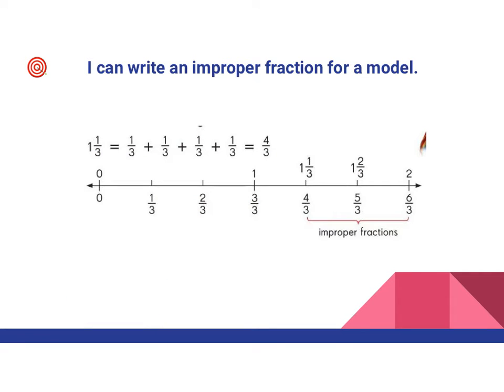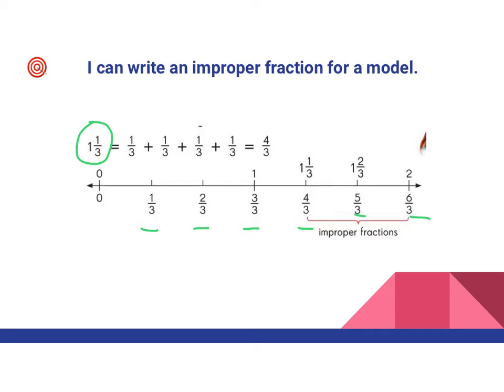Another way to look at it is a number line. This is also 1 and 1/3. It's showing 1 and 1/3 in particular, but on a number line, if a number line were divided into thirds and we were counting by thirds, we would count 1/3, 2/3, 3/3, 4/3, 5/3, 6/3.